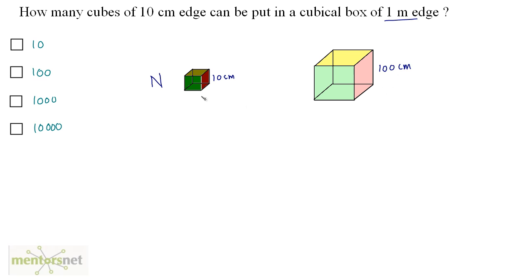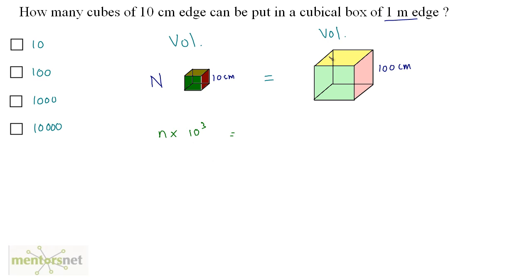So if all of these n smaller cubes must be put into this cubical box, their volumes should be equal, right? So volume of n smaller cubes must be equals to volume of one bigger cube. So what will be the volume of n cubes of 10 centimeter length? Well, it is equals to n times 10 cube, that is side cube.